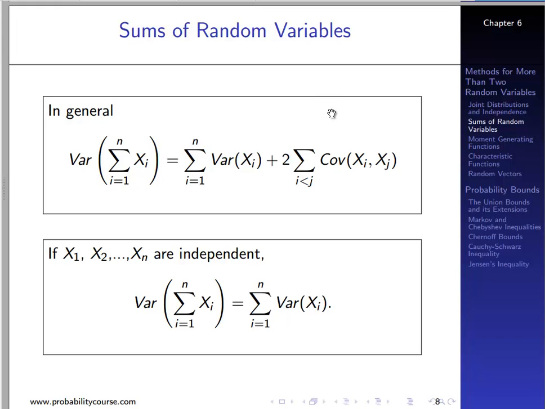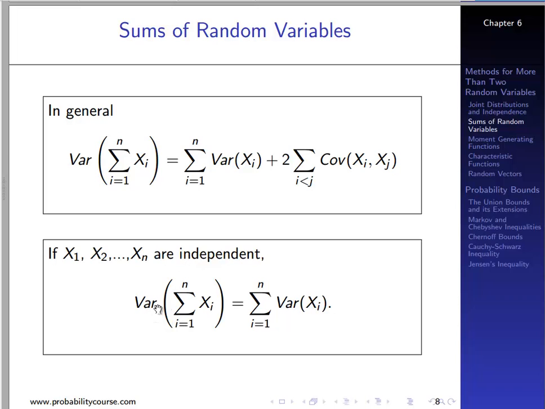Okay, in our last video, we ended up with this formula for the variance of the sum of random variables. And there's this sum of variances plus 2 times the covariance. Now, this is a very important special case, the special case where the random variables are independent.